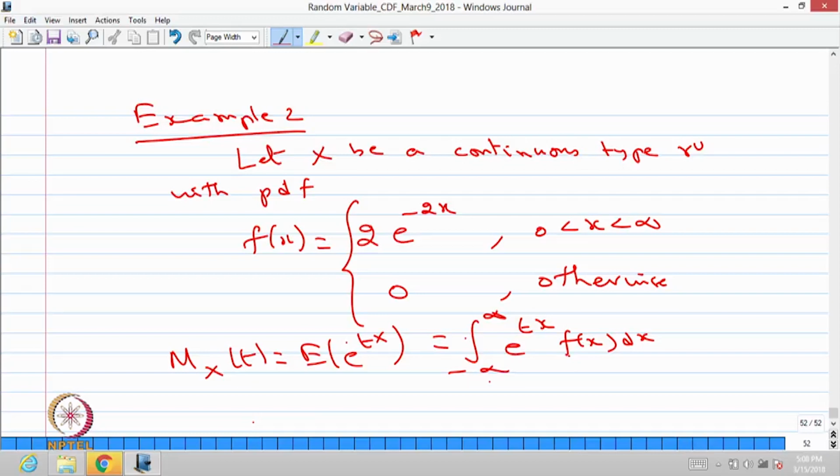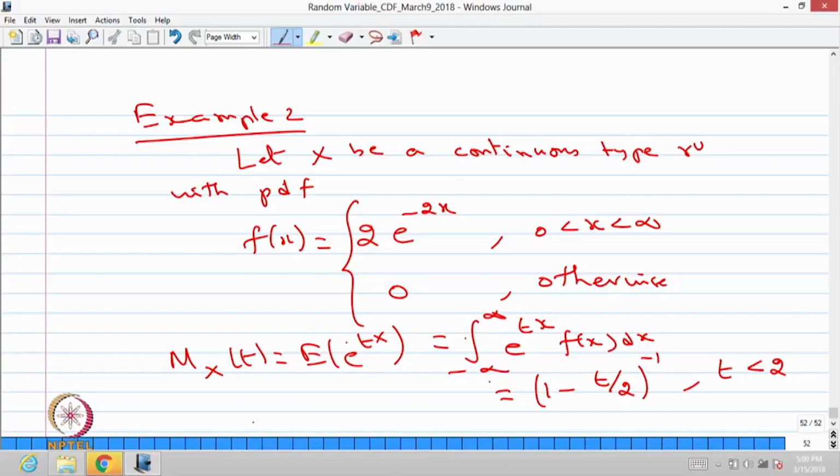Substitute f of x is 2 times e power minus 2x on the interval 0 to infinity, and after simplification you get the answer, that is 1 minus t divided by 2, the whole power minus 1. This result is valid when t is less than 2. That means e power t x has a finite expectation for t less than 2.